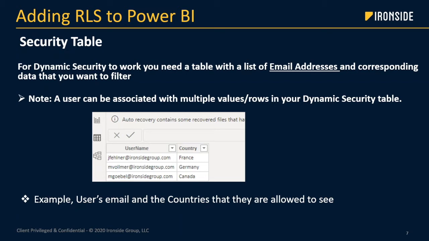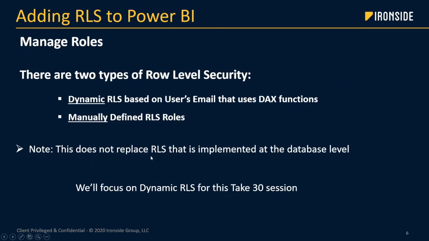So really the big difference here is if you implement the role level security at the database level, that's being managed by your DBA, right? So there really isn't much you can do to change that or modify it. Whereas implementing role level security in the Microsoft Power BI data set gives you the autonomy to manage and maintain that, right? So that's really the difference here.